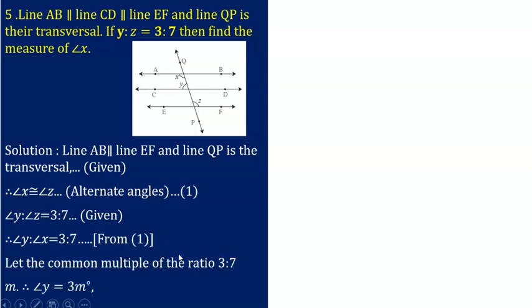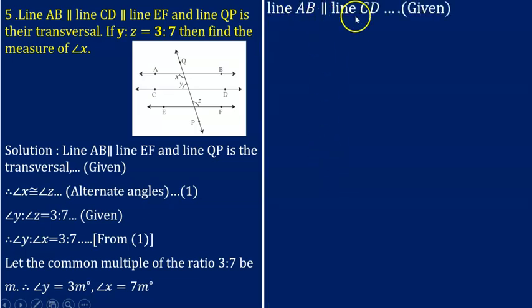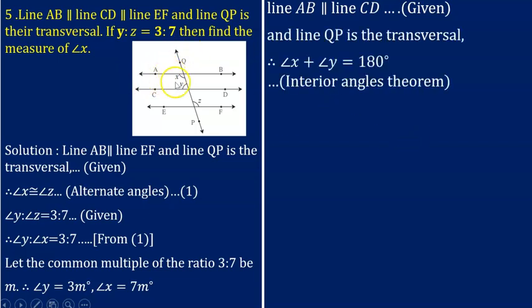Next, let the common multiple of the ratio 3:7 be m. Therefore the measure of angle y is 3m and the measure of angle z is 7m. Now, next, line AB is parallel to line CD and PQ is their transversal. Therefore, the measure of angle x plus y is equal to 180.